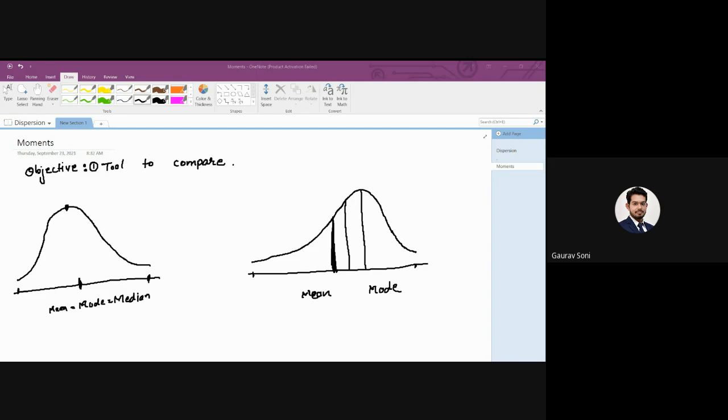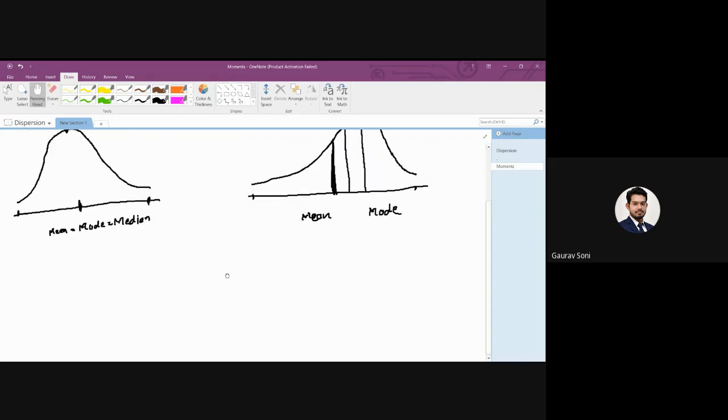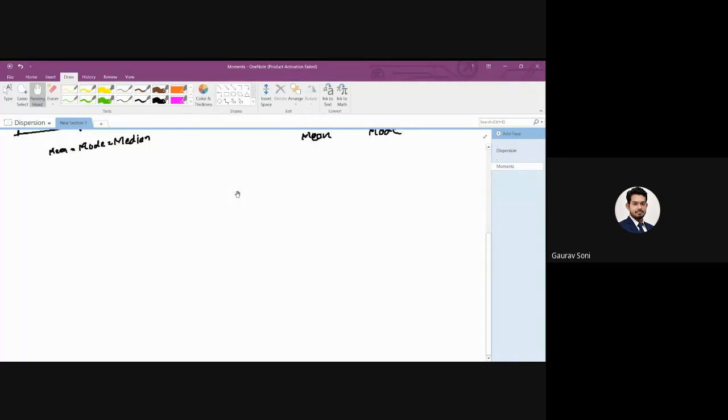By doing mathematical calculations, you would be able to tell whether the data is shifted on the left or on the right. Moreover, one more important thing: I'll draw another diagram here now.